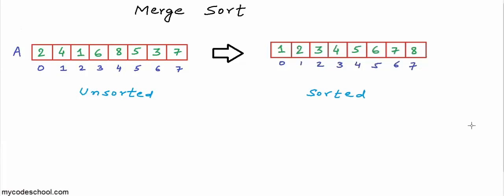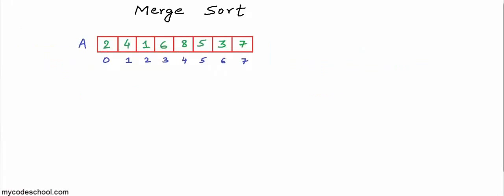Our approach in merge sort algorithm will be entirely different from what we had done in previous sorting algorithms, where we were rearranging the elements or changing their positions only by swapping or shifting. What we are going to do here is break this problem into sub-problems. We will divide this array into two equal halves, or rather two possibly equal halves.